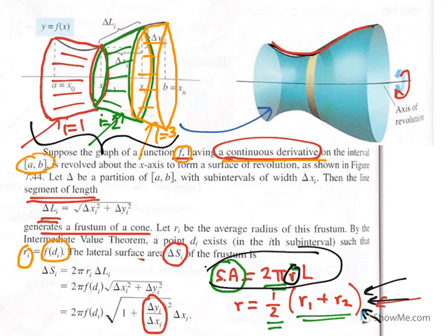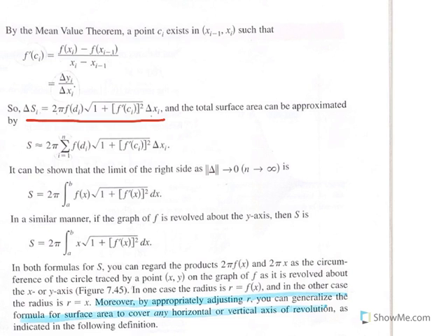For example, when you go back to our diagram, here we have 3 frustums of right circular cones, and each one of these frustums approximates a portion of our surface of revolution whose area we're trying to find. So you have to apply this formula in the case of our diagram 3 times to find the lateral surface area of each of those 3 frustums of right circular cones.